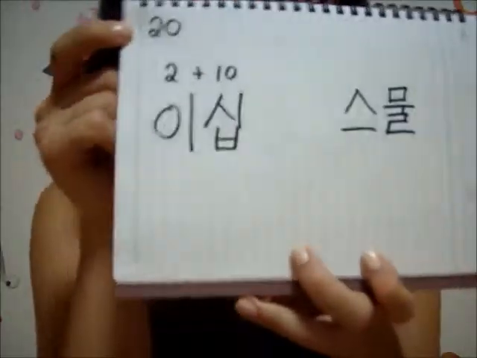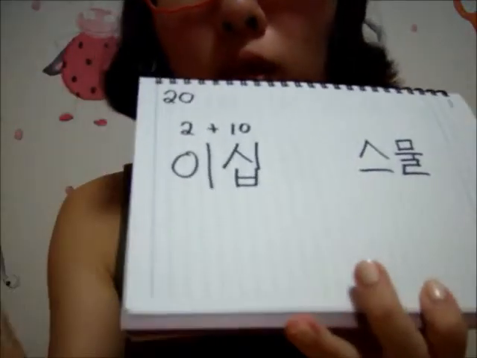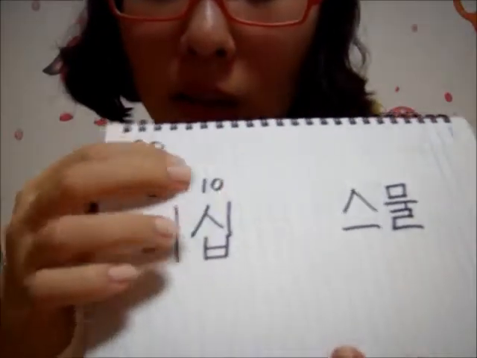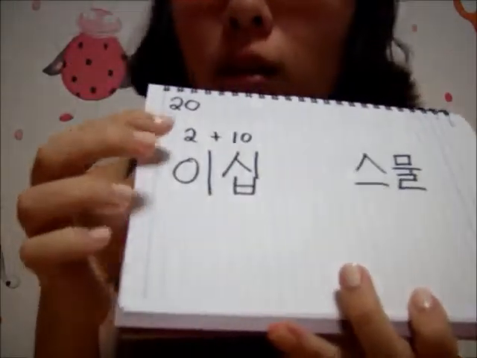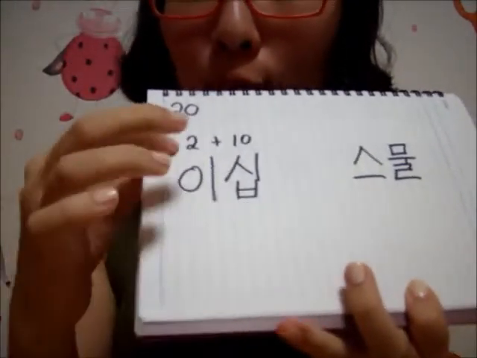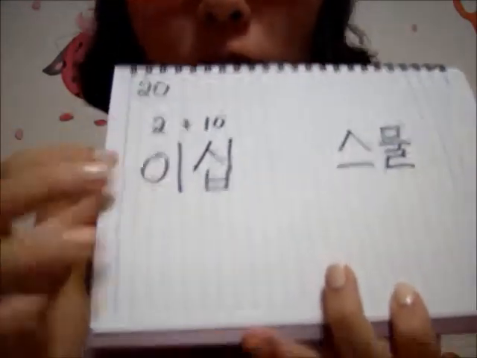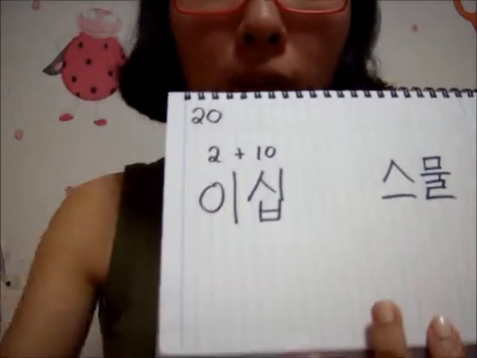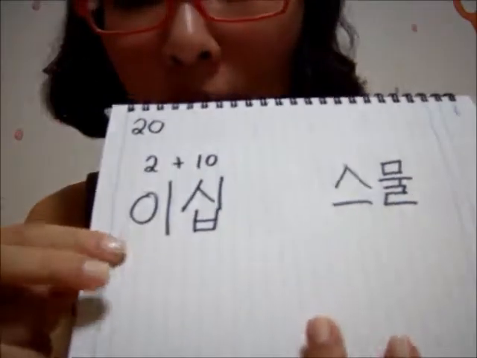And then if you're saying 20, the name of the number would be 2 and then 10, because there are 2 tens. You would say 2 for 2 and 10 for 10. And it all goes like this up to infinity.